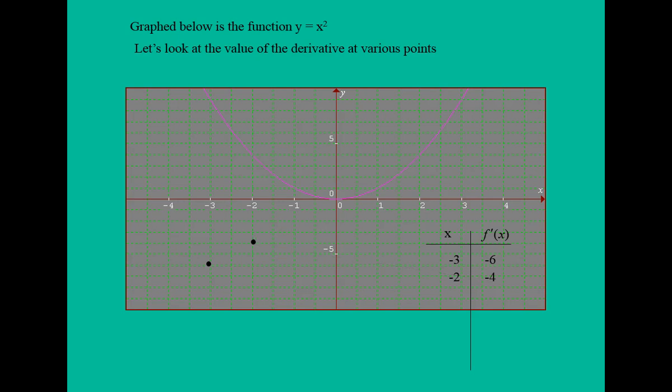There's another point we can plot. Now -1. We would get -2. We plot that point. And you should go through and verify these to make sure we're getting the correct values.